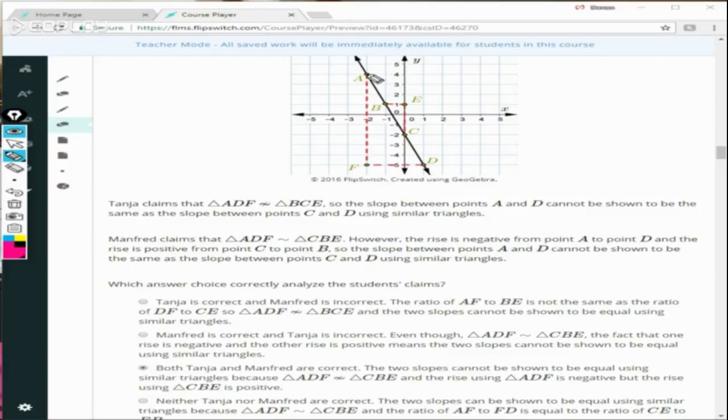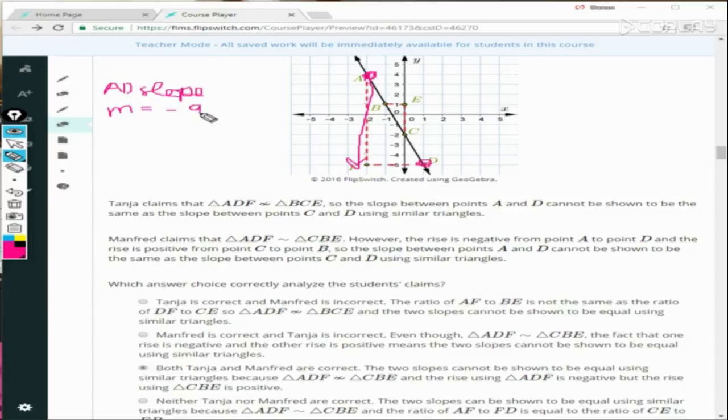So if I go from A to D and I find the slope, so AD slope, M is going to equal the rise over the run. So I've got to go down. How much do I have to go down? 1, 2, 3, 4, 5, 6, 7, 8, 9. So down 9.